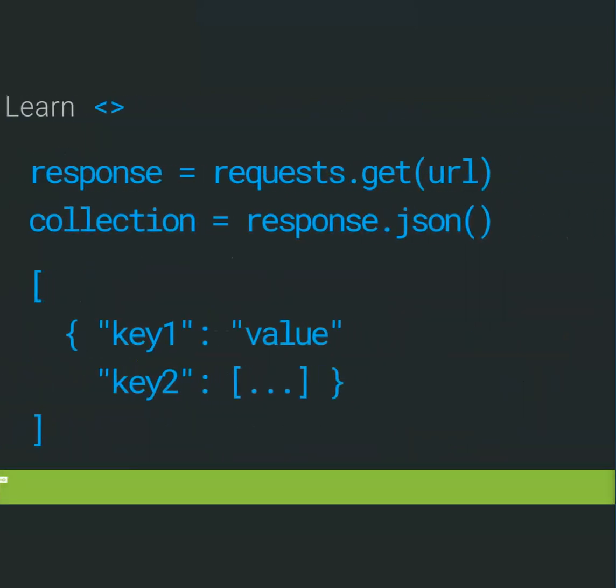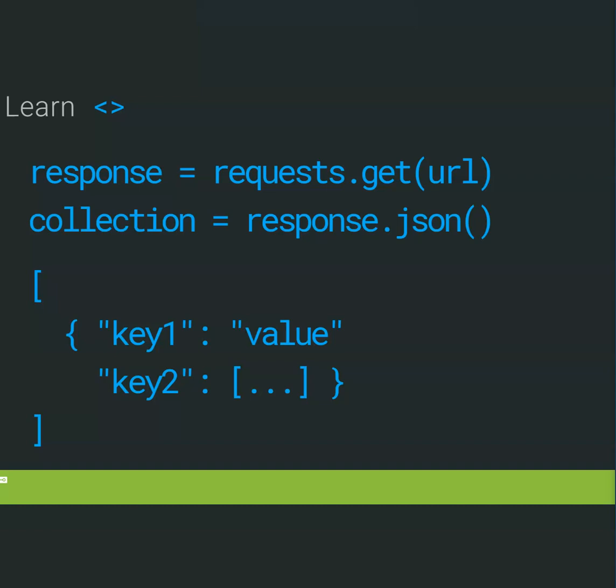JSON is technically one long string in the body of the response. To turn it into Python nested collections, we call the .json method on the server's response. And that calling of the .json method will give us our nested collection. It breaks that string apart into the type of data that our Python programs can read.